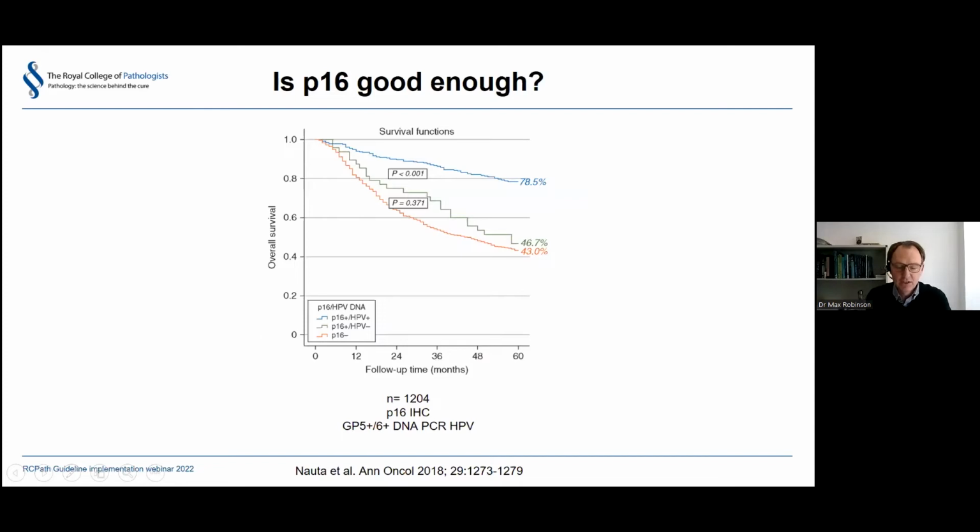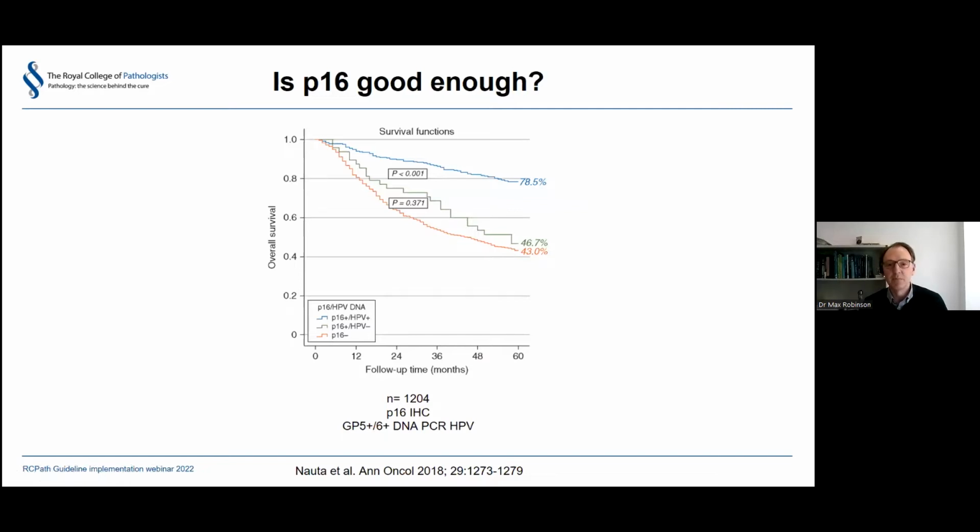Is P16 good enough for prognostication? This is real-world data published in 2018 from a Dutch cohort of over 1,000 patients looking at oropharyngeal squamous cell carcinoma. This is the 5-year survival rate for the patients that they defined as HPV positive.